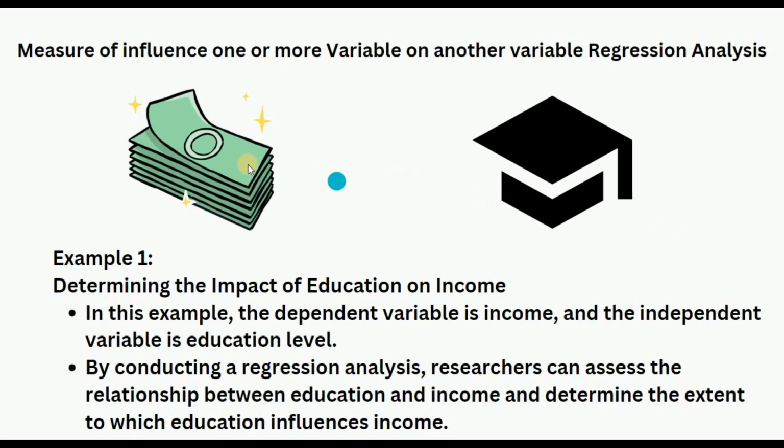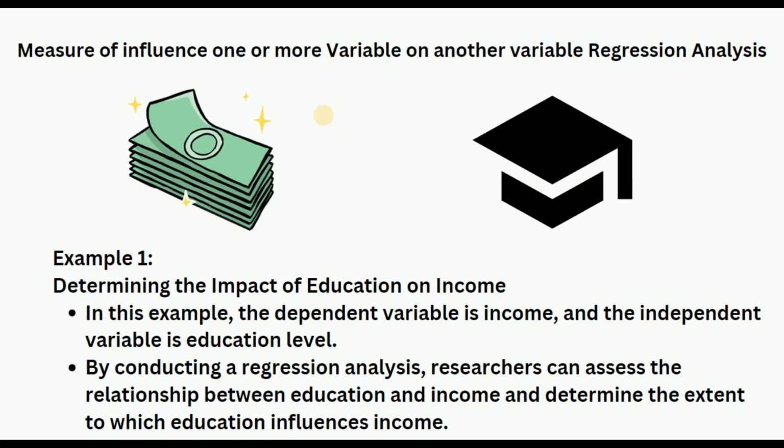Here is another example, where we only have two variables, one dependent and one independent. We will discuss education and income. Here the dependent variable is income. So what will be the effect on income according to the education of a person?